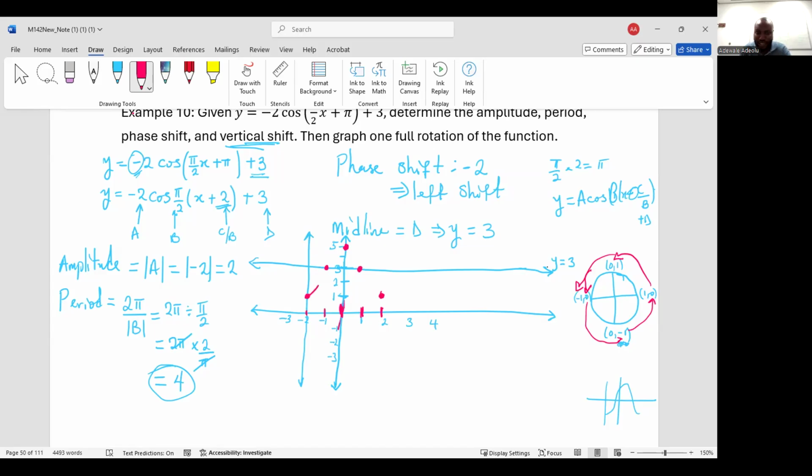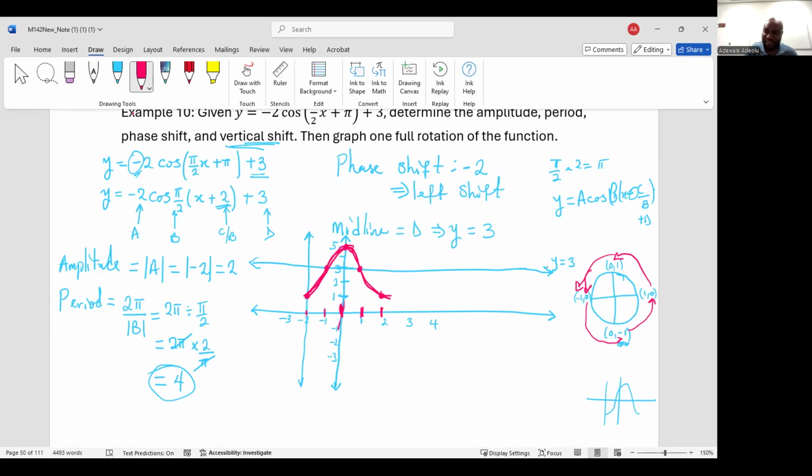So it turns out that my graph should be this way. This place is not curved very well, but yeah, something like that. So that is one full rotation of that function. Remember, it's a cosine graph, so that is the behavior.